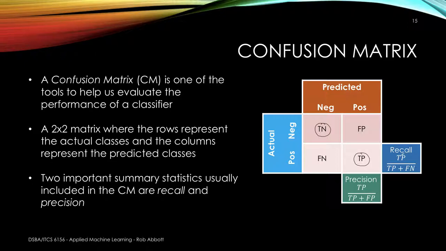Once again, the number of true positives divided by the number of true positives plus the number of false negatives. And the precision, which is the number of true positives divided by the number of true positives plus the number of false positives. So if I'm generating false positives, my precision goes down. If I'm generating false negatives, my recall goes down.